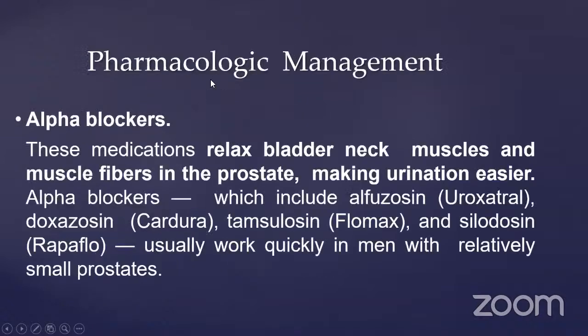The pharmacological management of BPH starts with alpha blockers. These medications relax bladder neck muscles and muscle fibers in the prostate, making urination easier. Alpha blockers generally include alfuzosin, doxazosin, tamsulosin, and silodosin. They usually work quickly in men with relatively small prostates.